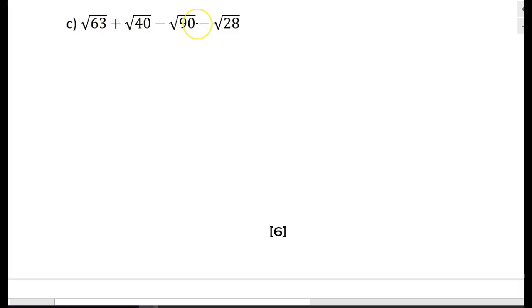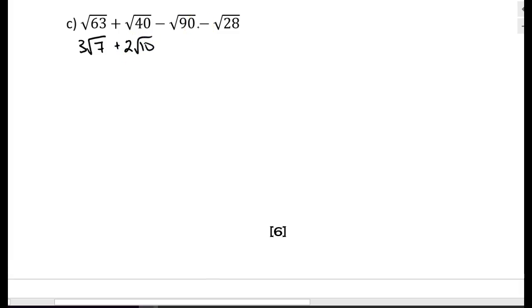Square roots, we're at least a little bit more familiar with. So 63 is a product of 9. That simplifies to 3 root 7. I've got 4 can go into 40 10 times, so that's going to be 2 root 10.